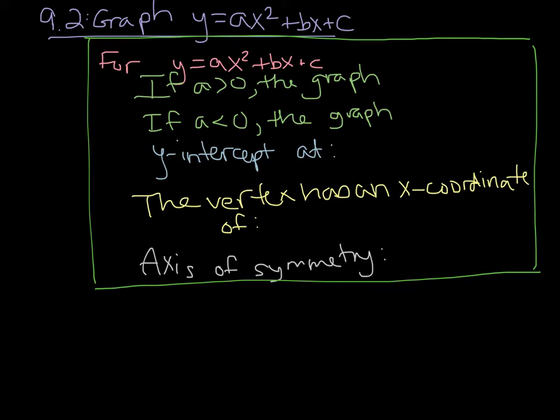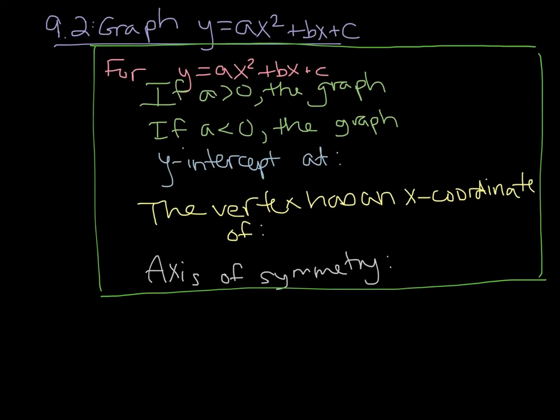So you're always going to want to write everything in this form where you have y equals something. So then when you look at it, you can automatically tell a few things about your graph based on the equation. So first, you're going to look at the coefficient of the x squared. If that is greater than 0, if that's positive, then the graph is going to open up.